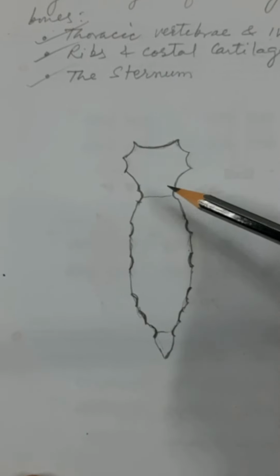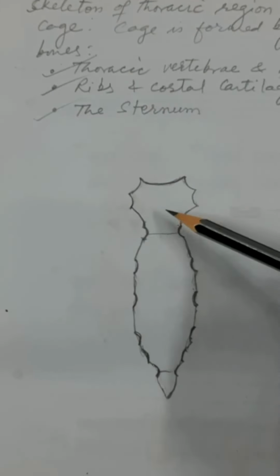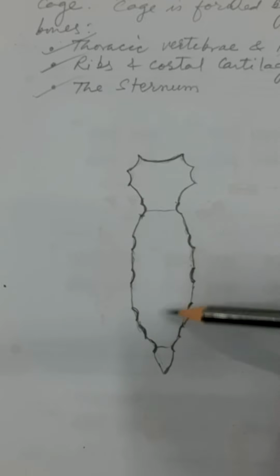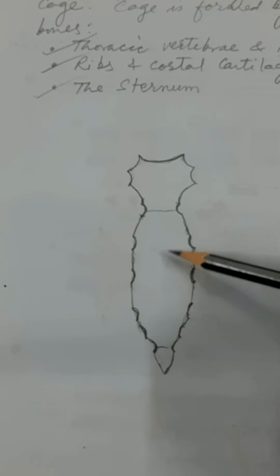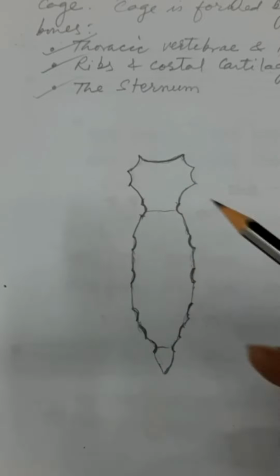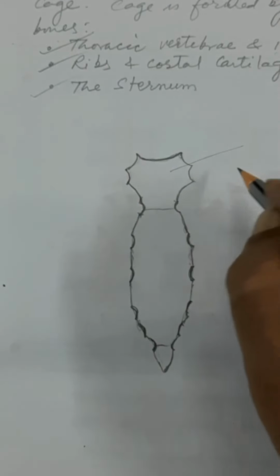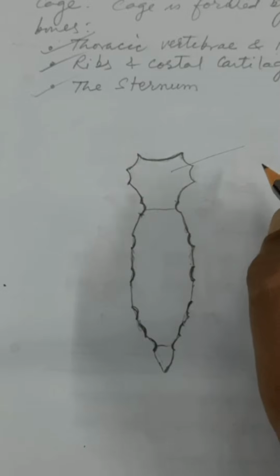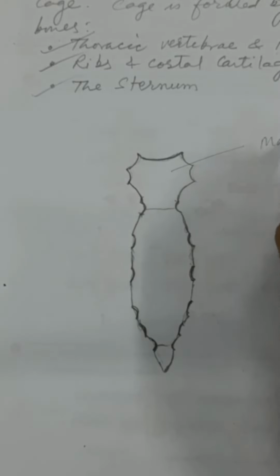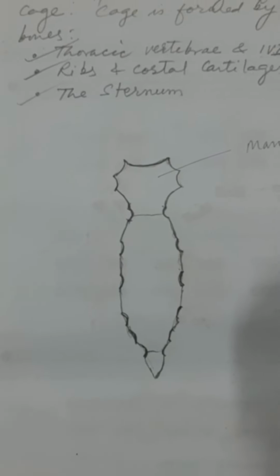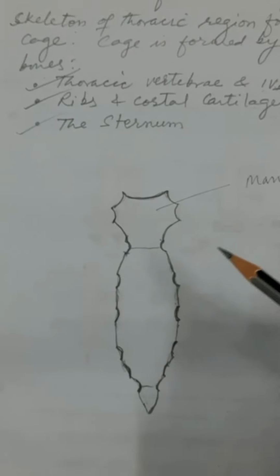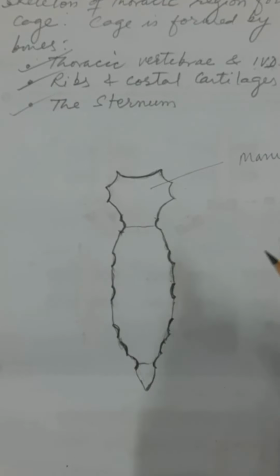Now, if you see the sternum, it is formed by 3 different pieces of bone, and these 3 parts are named as follows. The uppermost part is called the manubrium sterni, or just simply the manubrium.